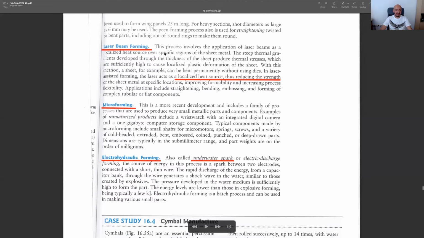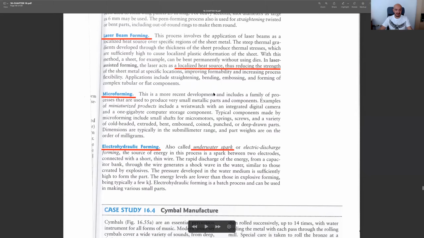Then we have laser beam forming. The idea is not difficult. We simply increase the temperature of some specific regions with the help of a laser beam, and then apply some force and try to shape them. Once you increase the temperature in that zone, the strength of the part will decrease, and with less force we can do the forming operation.